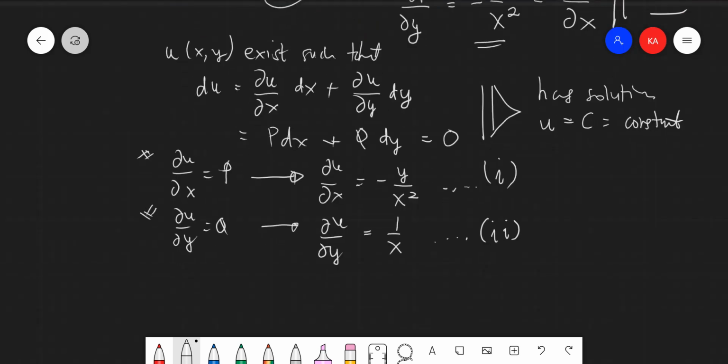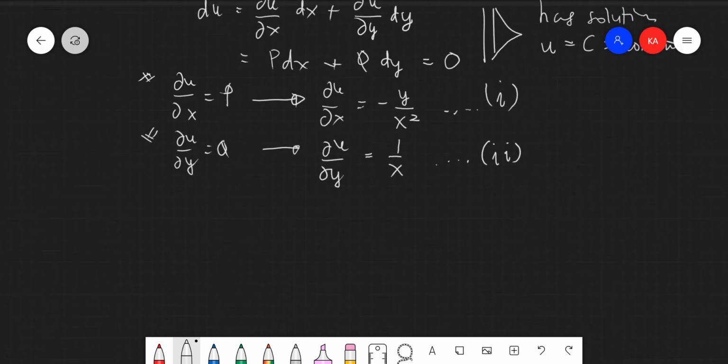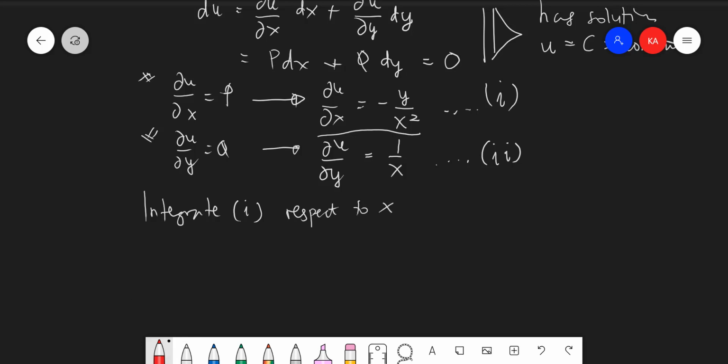So we make a partial integration of this one. We integrate the first equation with respect to x. Okay, with respect to x, we get that u becomes y over x plus theta plus a constant.